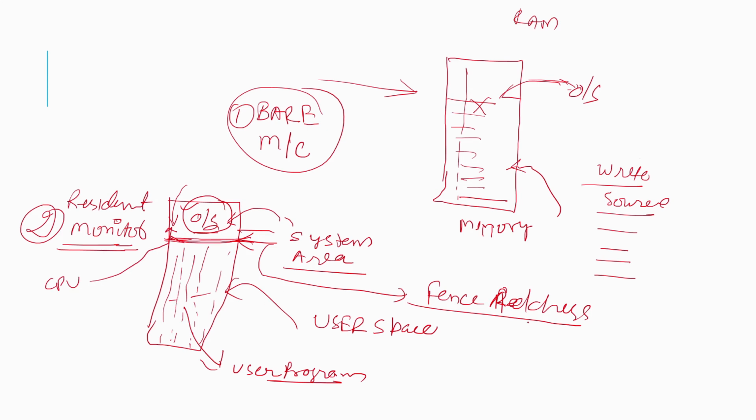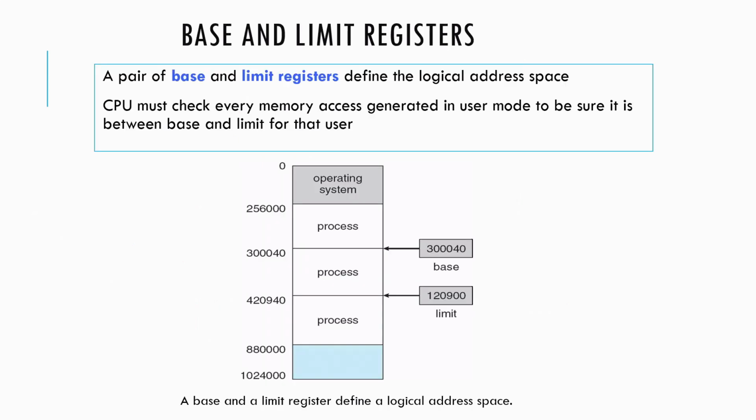So the fence address concept was introduced. Whenever the CPU generates any address, it will check whether the address is greater than the fence and lies here. Otherwise a trap will occur, and the program has to terminate. For that protection, the concept we call the fence address was used, and later it was given a different name.